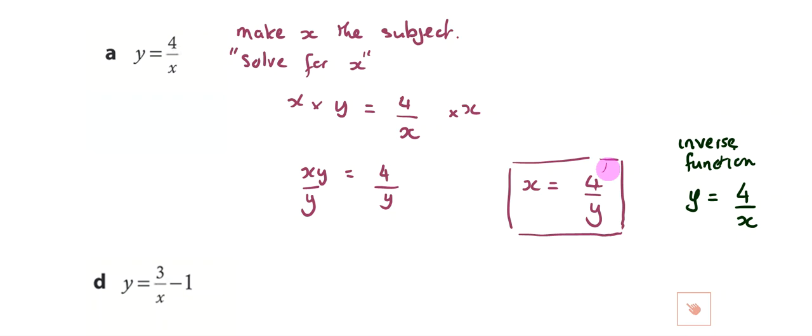Inputs are always x's and outputs are always y's. Now you might notice something about that inverse function. Do you remember what that is? It's then called a self-inverse function. And that's because the initial function and the inverse function are the same thing.